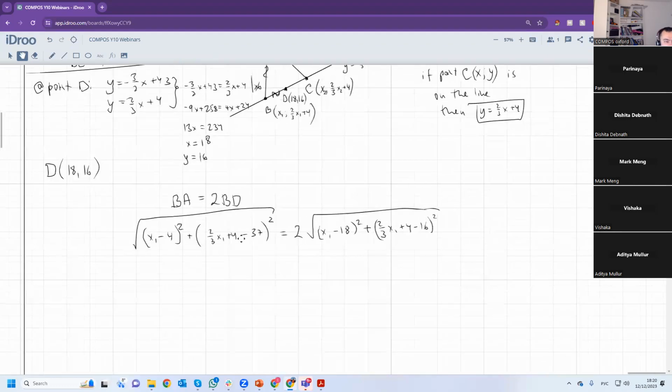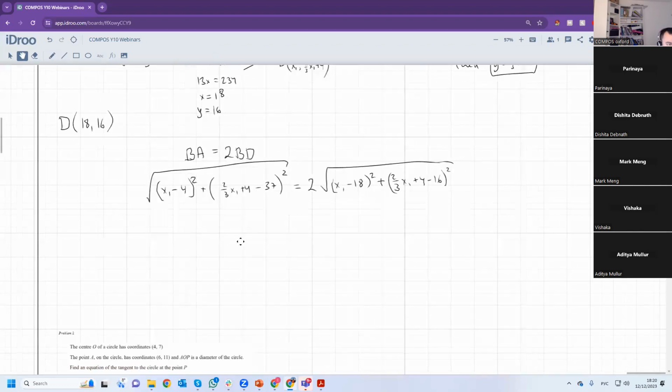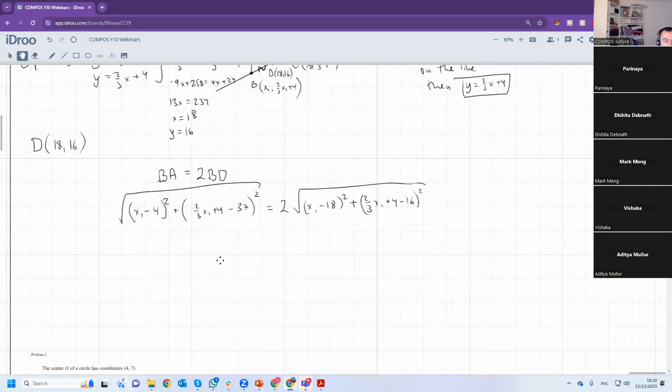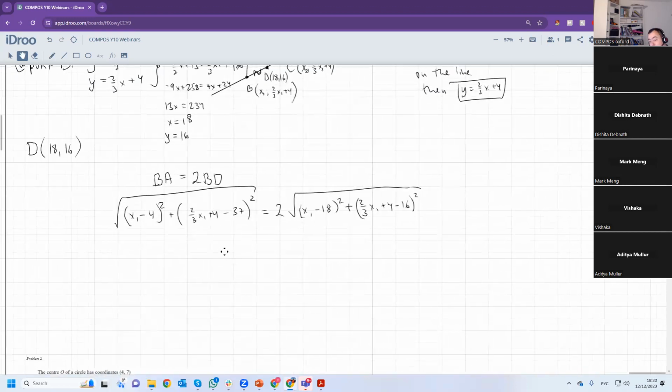And then we just solve this horrible equation. Okay. Do you know how to solve horrible equations when you are lazy to solve it? Let me show you.